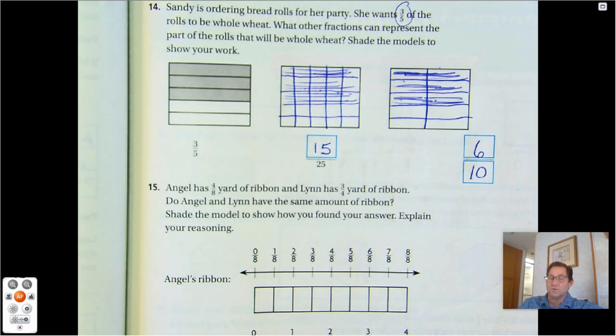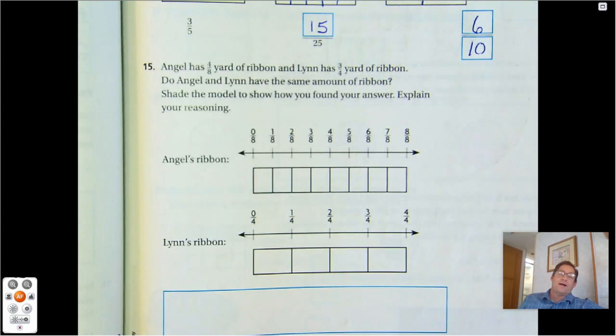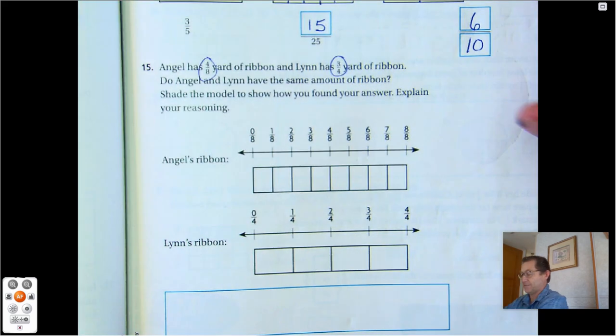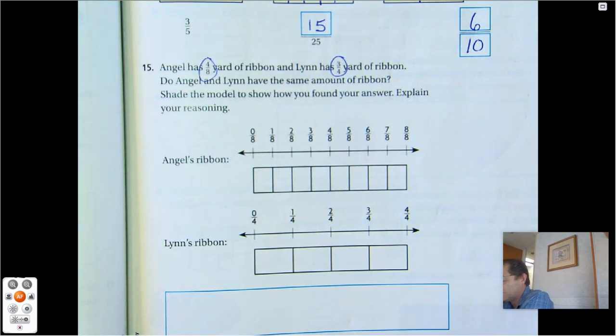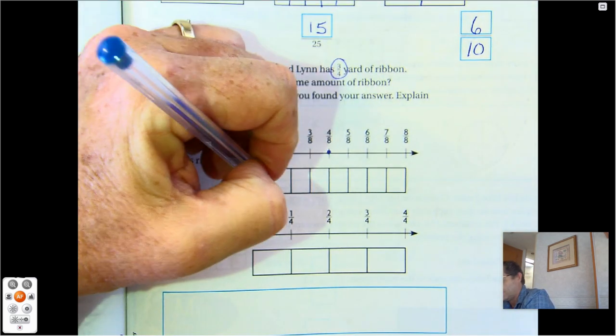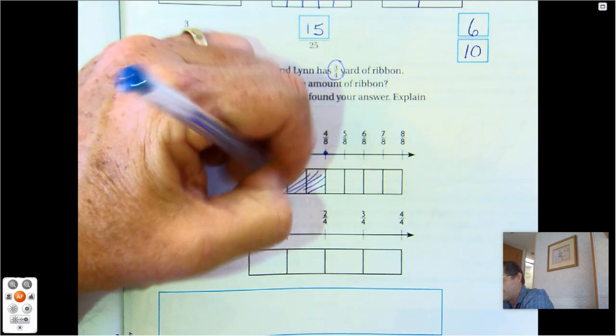All right. Angel has 4/8 yard of ribbon, and Lynn has 3/4 yard of ribbon. Do they have the same amount of ribbon? Shade the model to show how you found your answer. All right, so Angel's ribbon is 4/8.